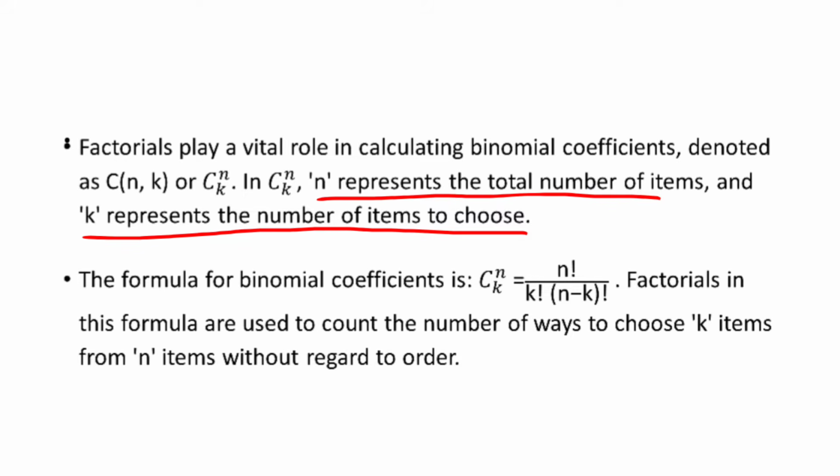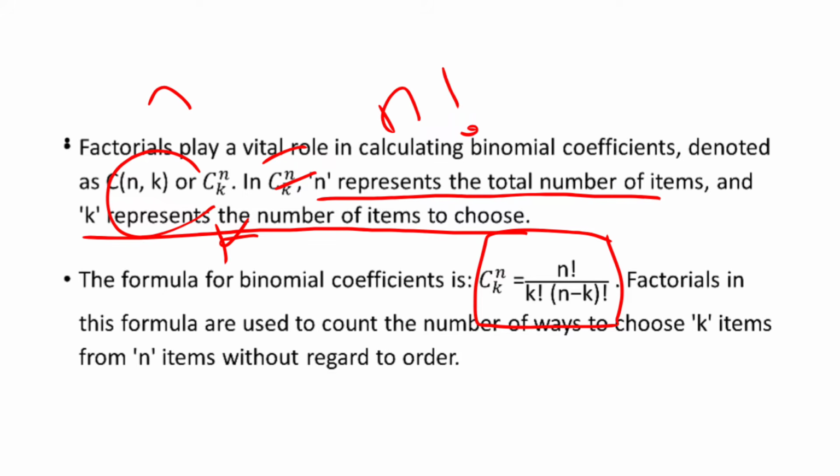Okay, so the binomial coefficient itself, this is its formula. If you have n combination k, it is simply n factorial all over k factorial times (n minus k) factorial. Okay, that's what you're seeing here.